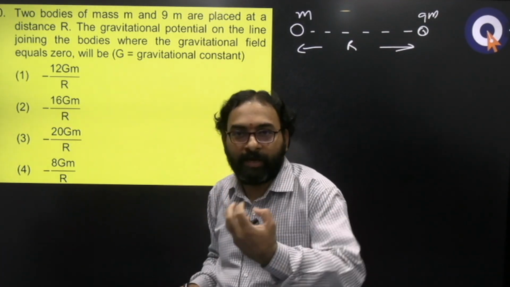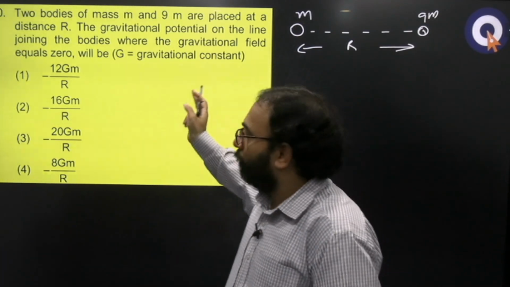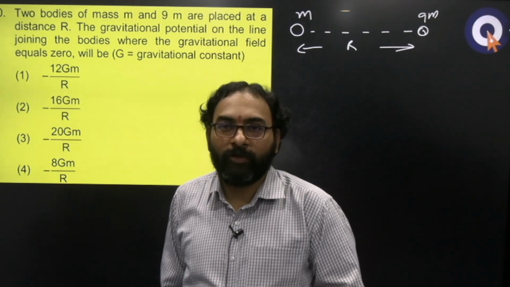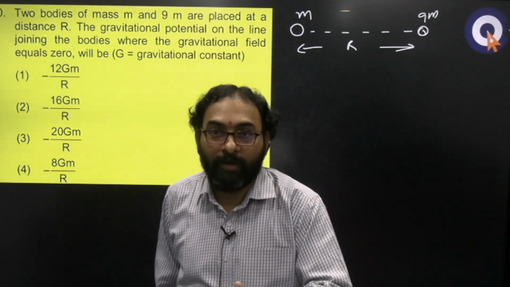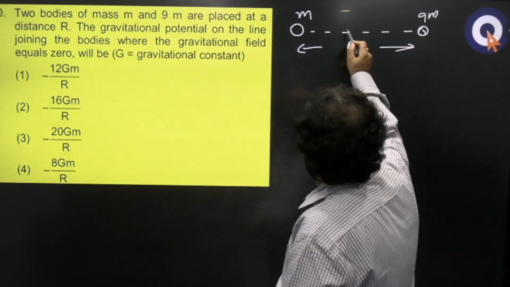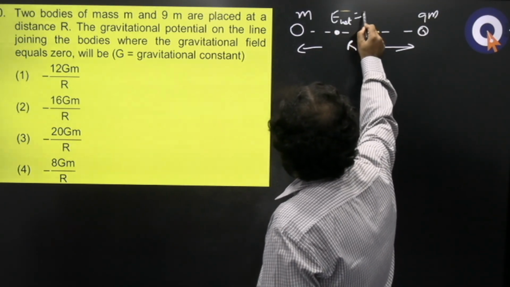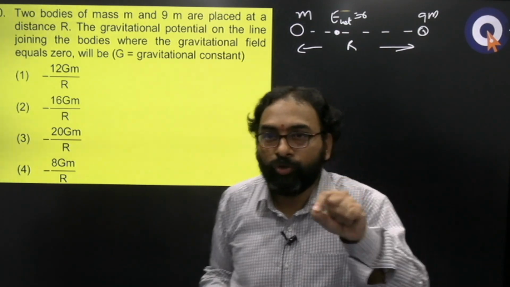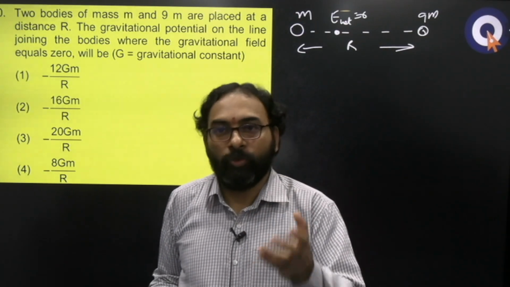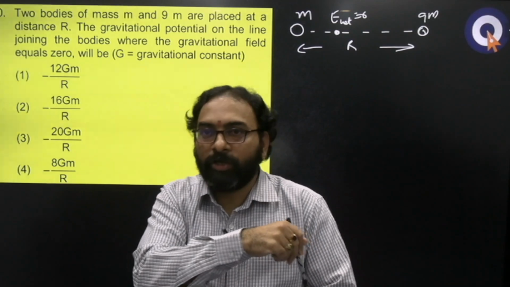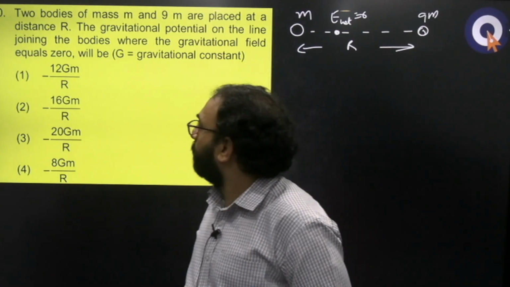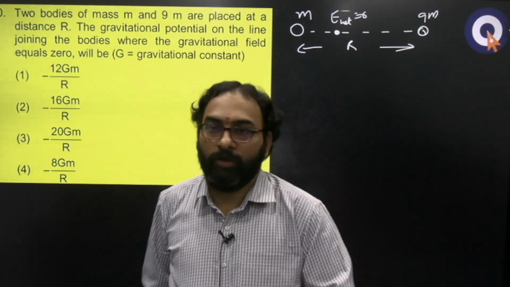Straight away, they didn't ask where the point is where the net field is 0. They mentioned that at a point the net field will be 0. At that point, wherever you locate it, you need to find the potential due to both of them.